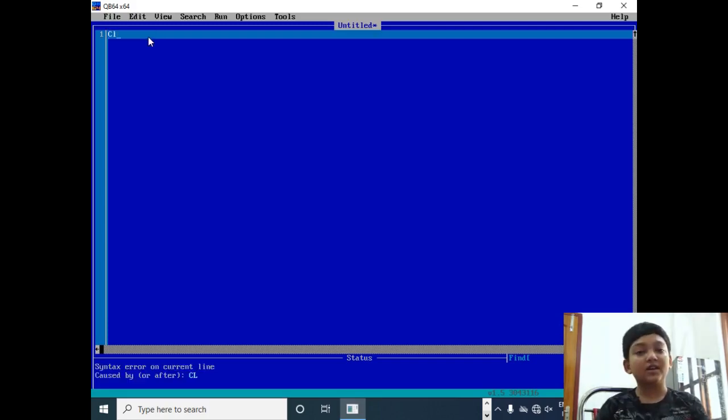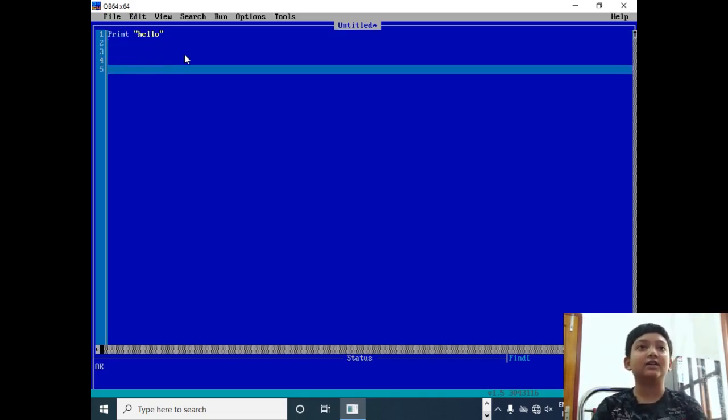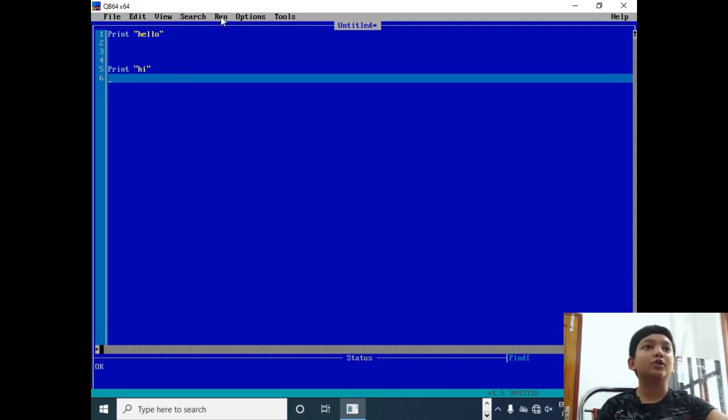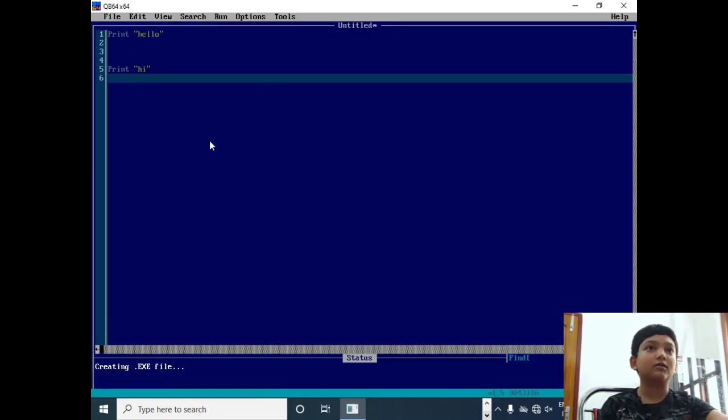That means now if I type something many times, suppose print hello 3-4 times, enter, and then here print hi. Then if I run it, actually nothing more is going to happen.